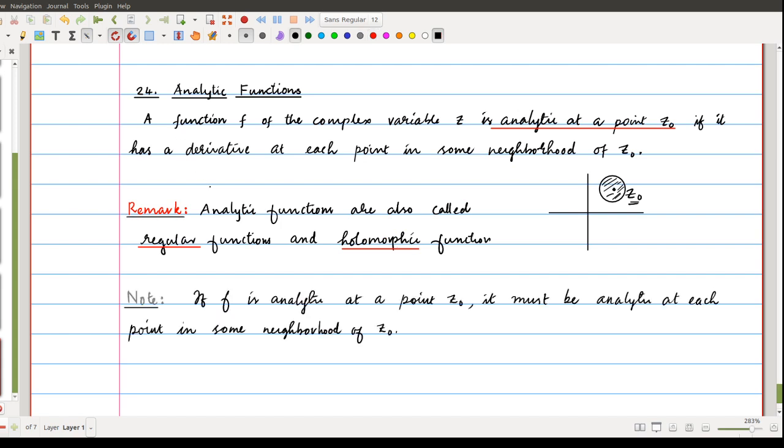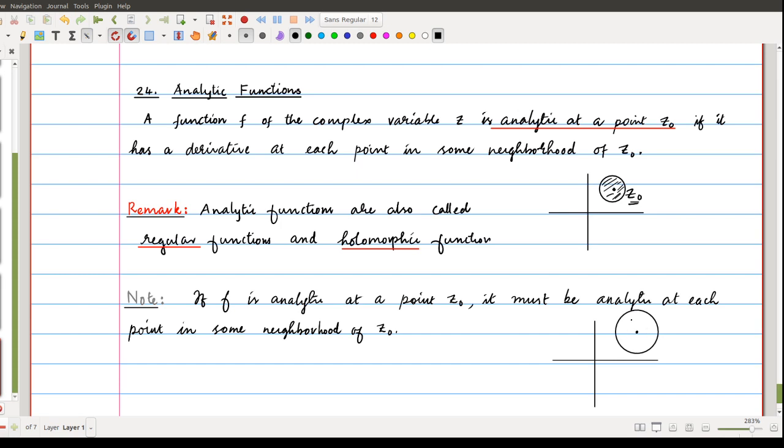Also note that if f is analytic at a point z0, it must be analytic at each point in some neighborhood of z0. That means if f is analytic at this point, then f is differentiable at every point of this neighborhood.